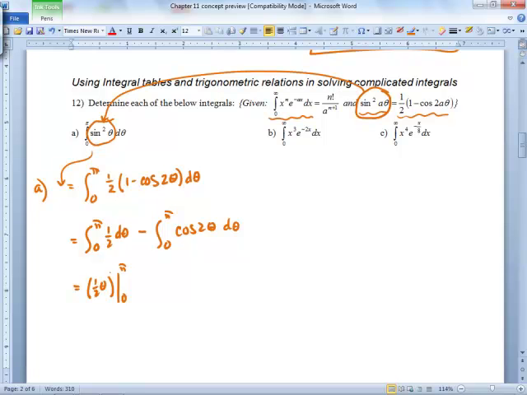All right, that'd give me a half. Okay, minus the derivative of what gives me cosine 2 theta. Theta squared would just be 2 theta.